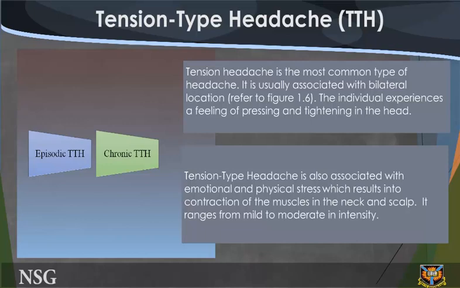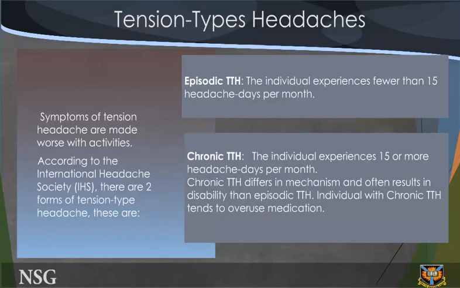Tension type headache is also associated with emotional and physical stress, which result into contraction of the muscles in the neck and scalp. It ranges from mild to moderate in intensity. Symptoms of tension headache are made worse with activities.